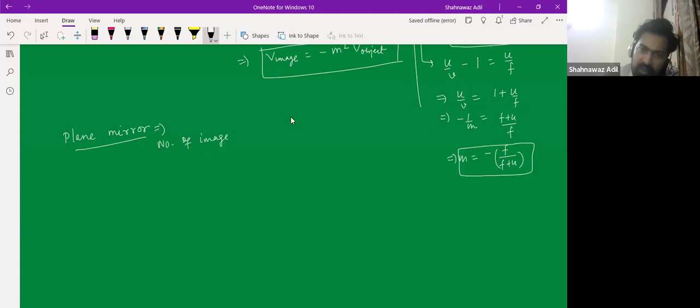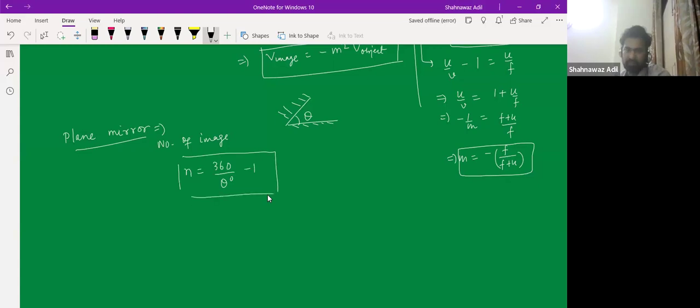If we have two mirrors, and the angle between them is theta, then how many images will you get from these two mirrors? The number of images n is simply 360 over theta, minus 1. So this is the number of images that you will get in the plane mirrors.